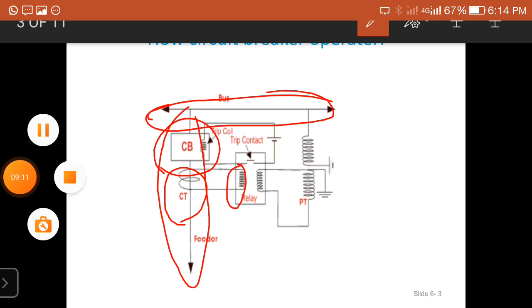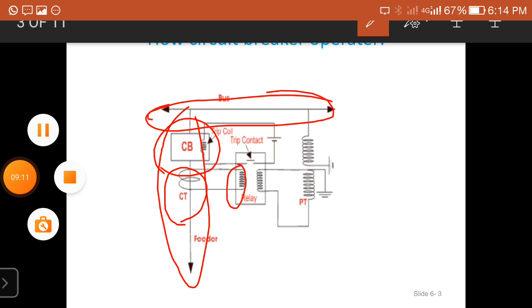In that relay coil we are connecting one tripping contact. This is the tripping contact. The total tripping circuit is connected by this DC supply. Okay, this is the construction of a circuit breaker.